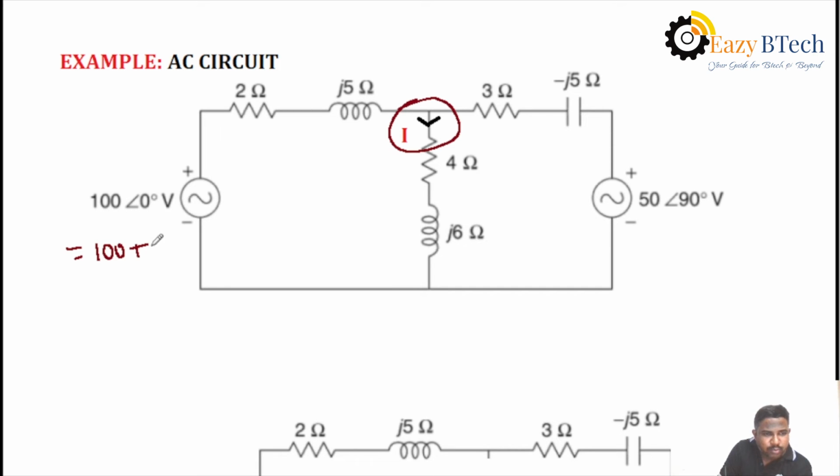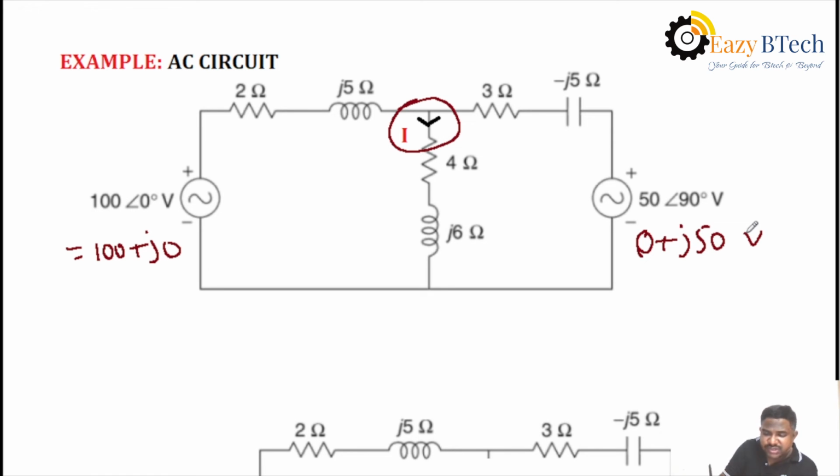Both are given in polar form. You can convert into rectangular form: 100 plus J0 and 0 plus J50 volts. These are the required rectangular forms from the given polar forms.